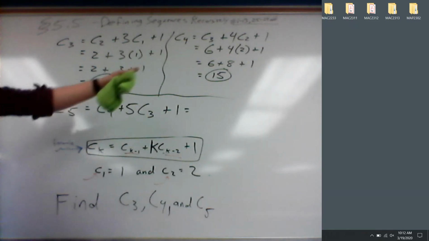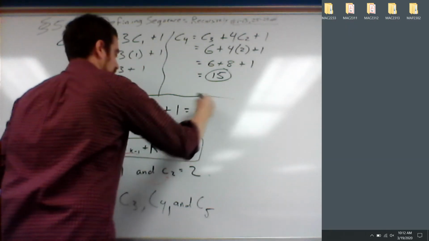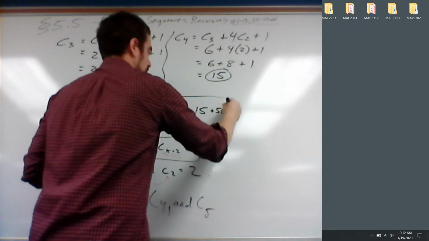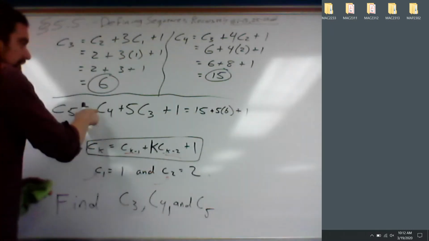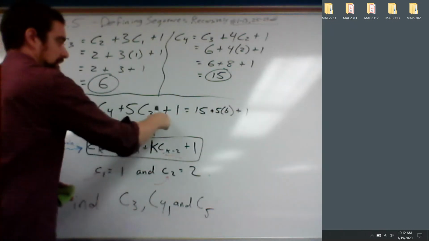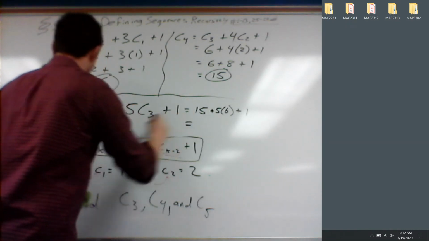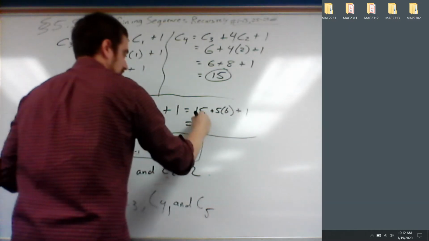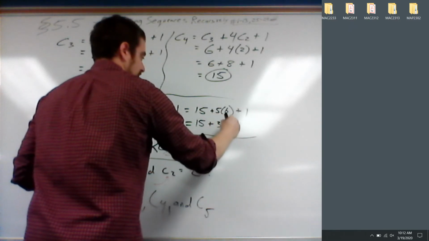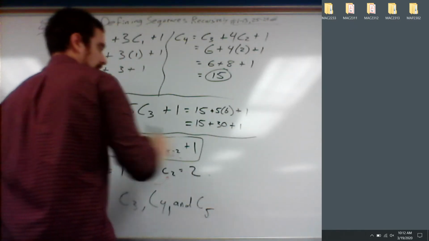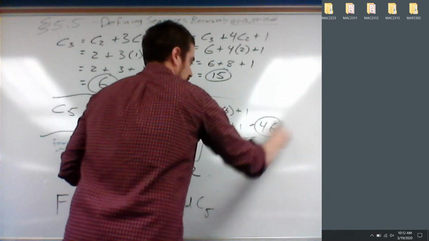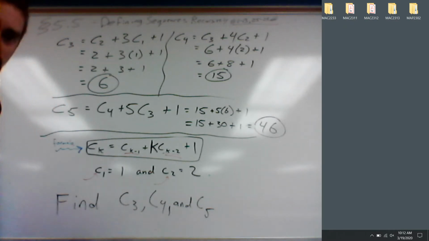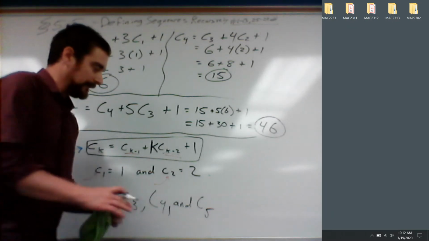Well, we know C4, it's 15. We know C3, it's 6. So we got 15 plus 5 times 6 plus 1 to get our C5 out of the way. So this is 15 plus 30 plus 1. That's 46. I'm going to make sure you can see that. Yeah, there's a little bit of glare there. I'm trying to fight the glare.